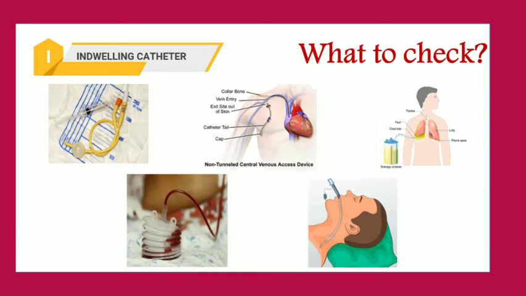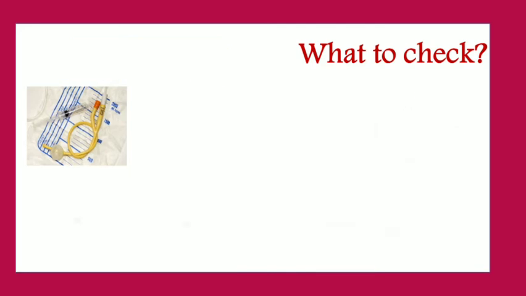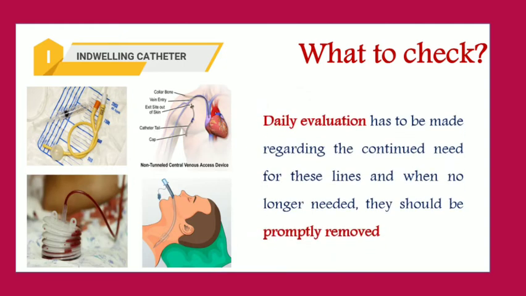Others include Foley's catheter, intercostal drains, surgical drains, lumbar drains, endotracheal tube, feeding tube and others. Daily evaluation has to be made regarding the continued need for these lines, and when no longer needed, they should be promptly removed in order to prevent infections.